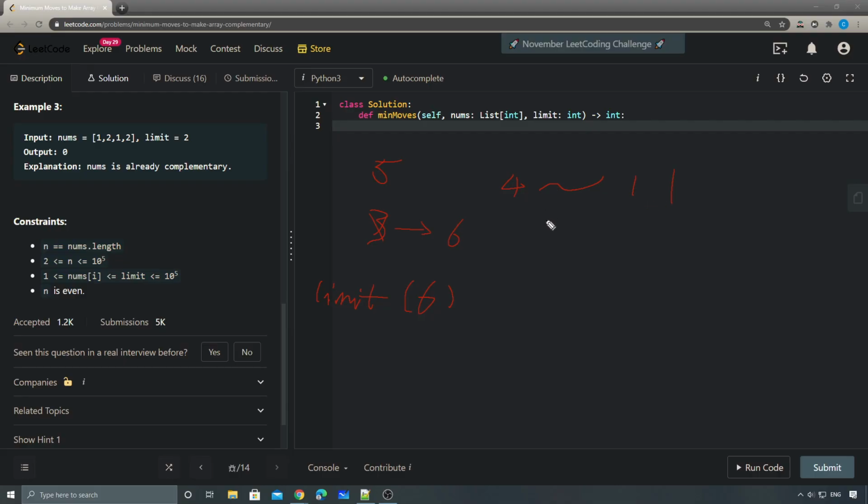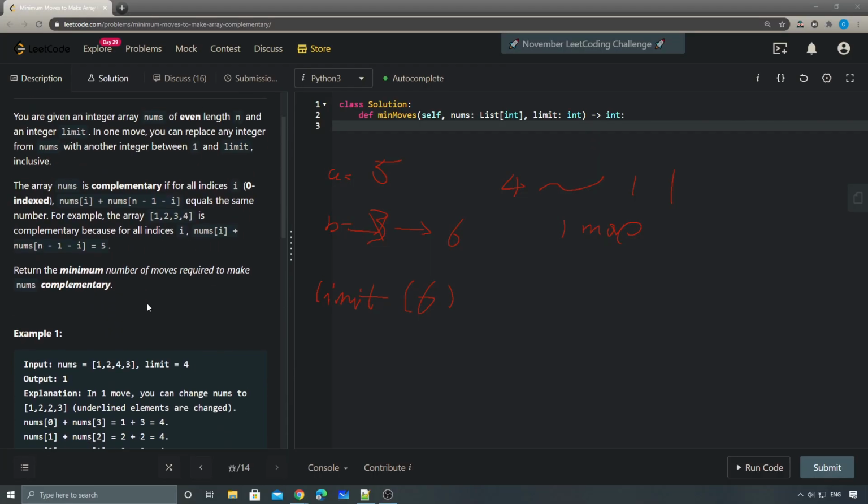So now we have a range here, right? Which means that from 4 to 11, as long as the target sum, the total, is within 4 and 11, then we only need one move to make this number A and B equal to this sum, right?